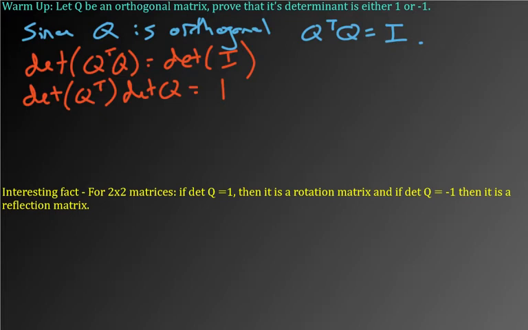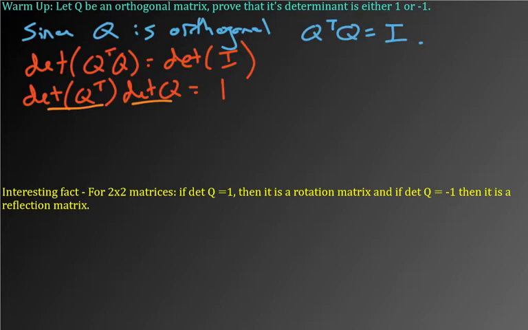And so we now know determinant of Q transpose times determinant of Q is equal to 1. And there's another property that says the determinant of the transpose is equal to the determinant of the regular matrix.